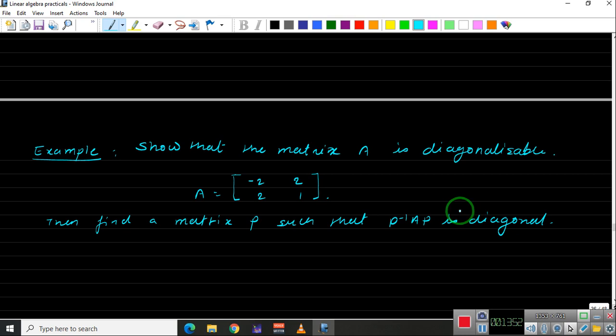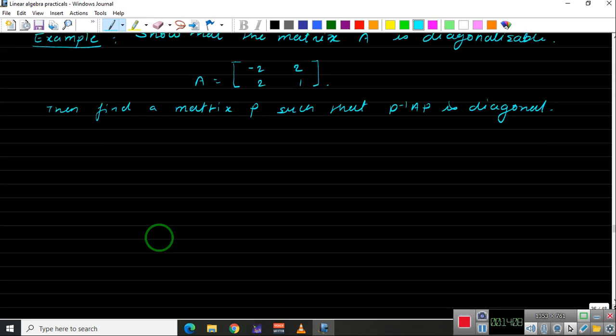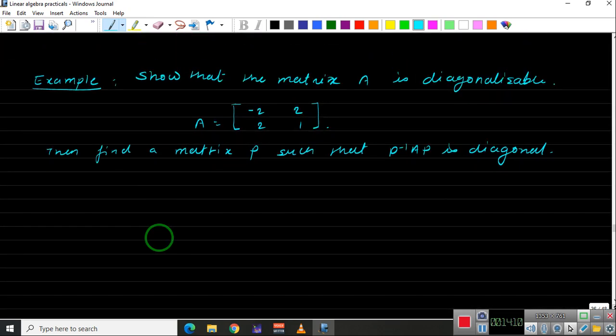For that we need the eigenvalues and eigenvectors, and using these we will have the matrix. So let us find the diagonal matrix, and let us find the matrix P, and then we can verify.